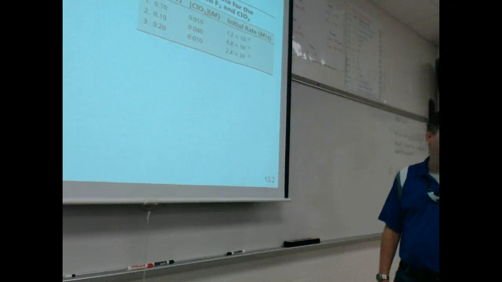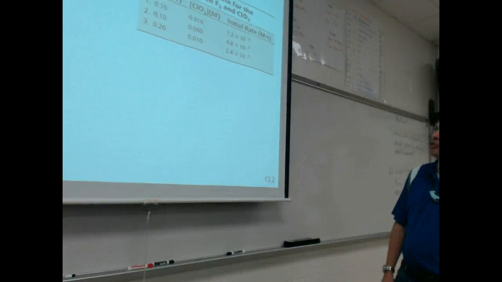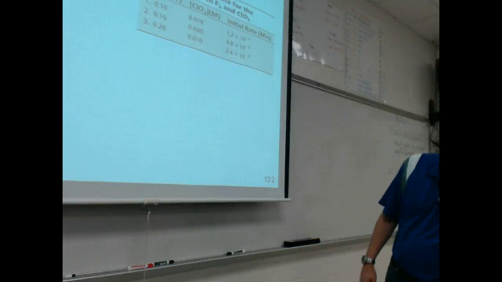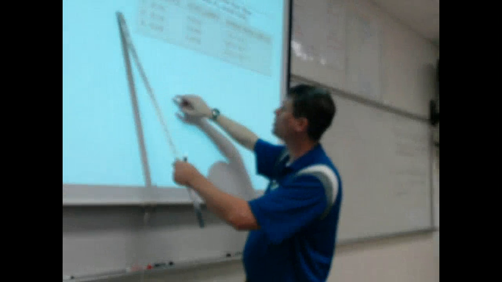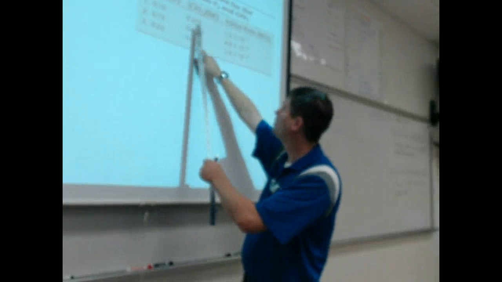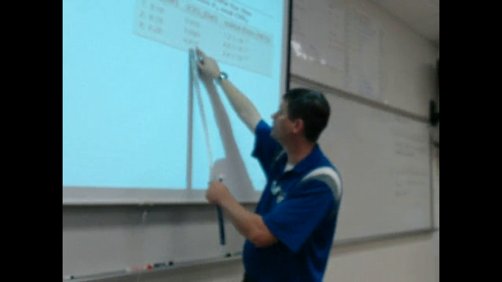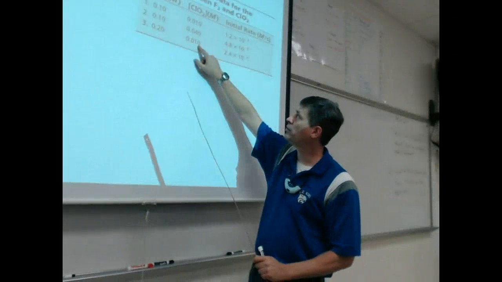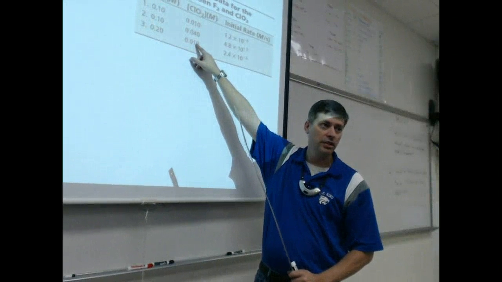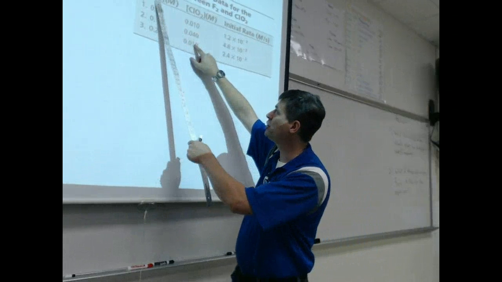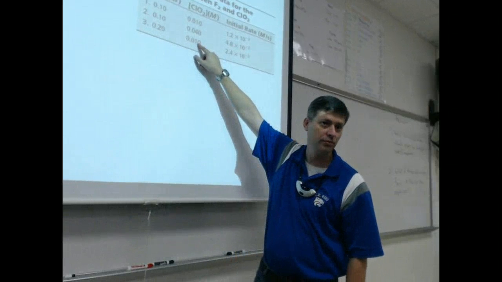All right, you ready? Take a look at the first trial and the third trial for me, please. Going from the first trial to the third trial, this concentration did not change, did it? No. So anything that affected the rate is due to the change in concentration of the F2, right?